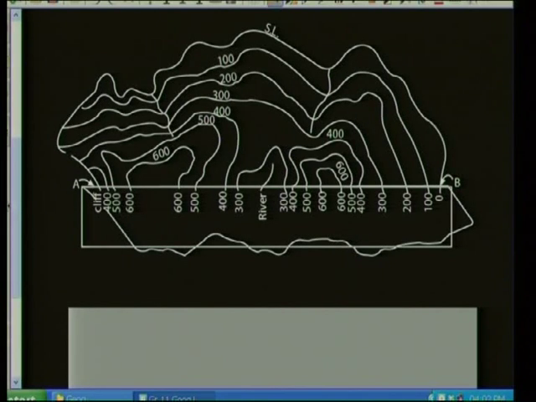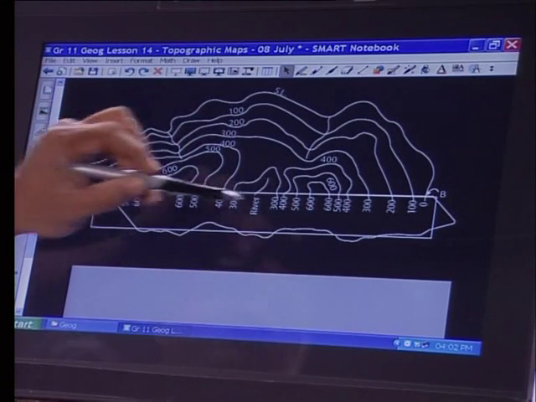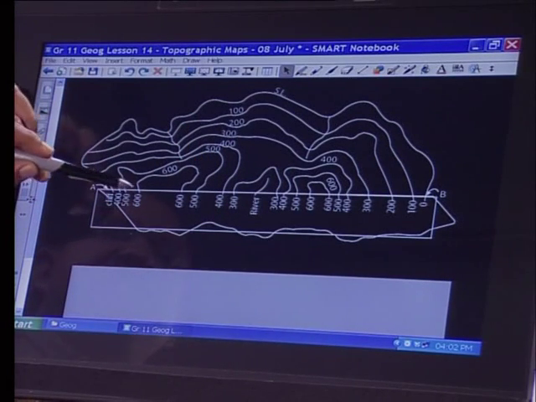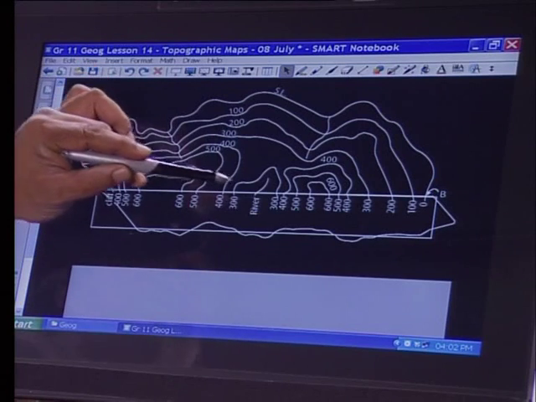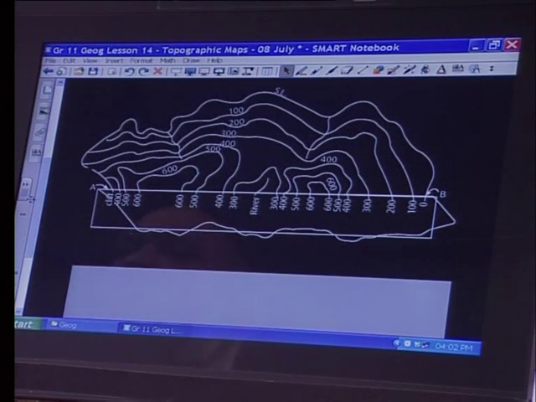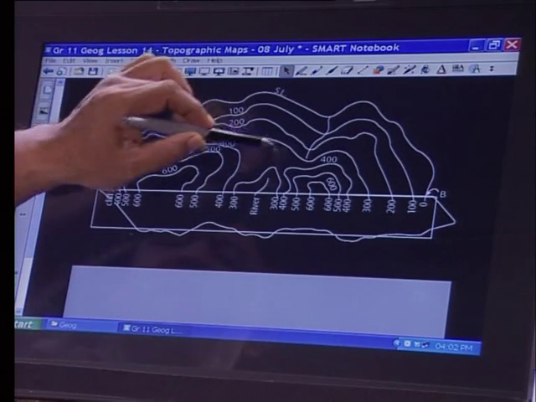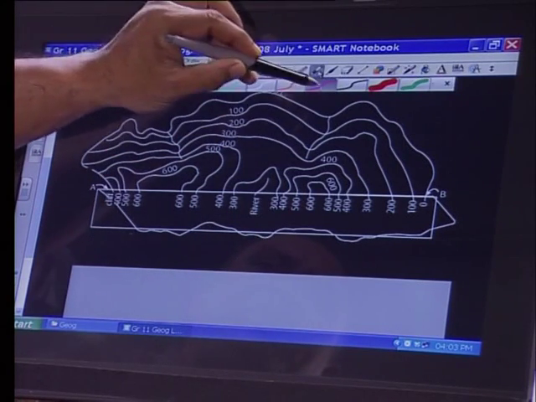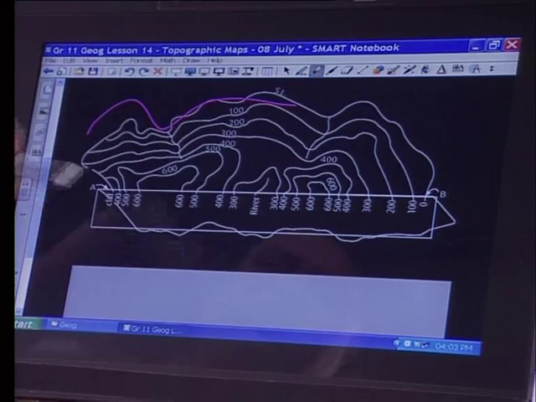It goes 400, 500, 600, 500, 400, 300, 300, 400, 5. So it's increasing, then it's decreasing, it's increasing, then it's decreasing. So we're going to get something like this, and then go down and up. Just let me get my pen here clear. Something like that. You understand? You can look at the contour lines and work it out.